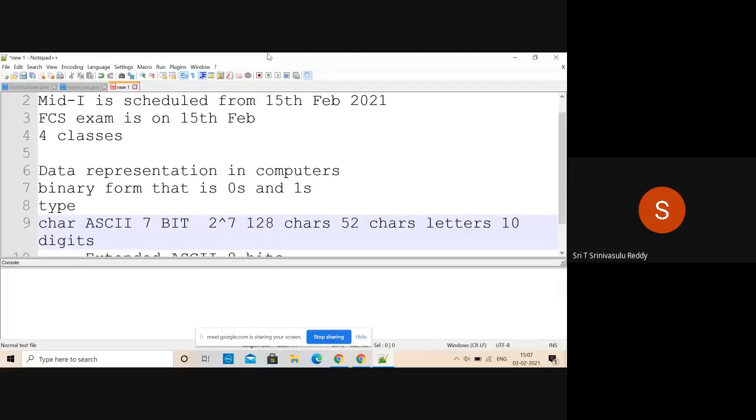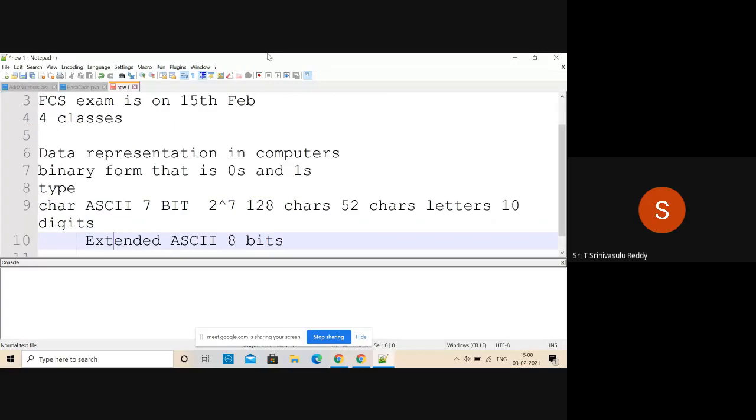Special characters are there: comma, semicolon, colon, slash, star, and all those related things. When you go for extended ASCII, you are using 8 bits, which means 256 different characters can be represented.